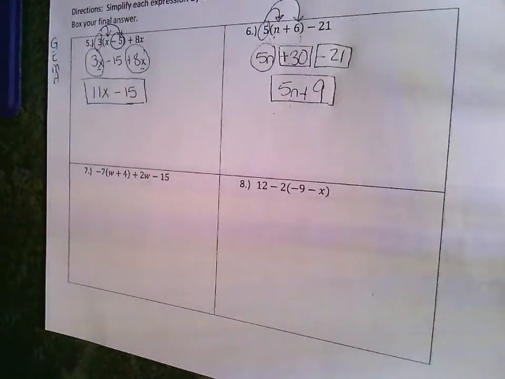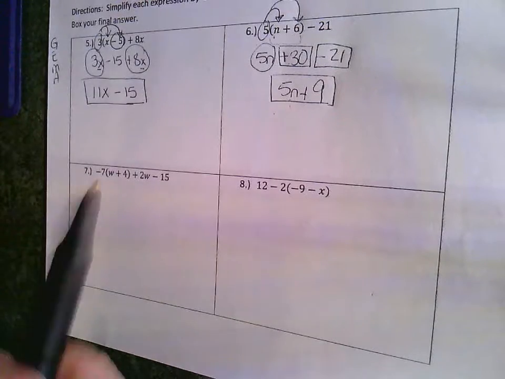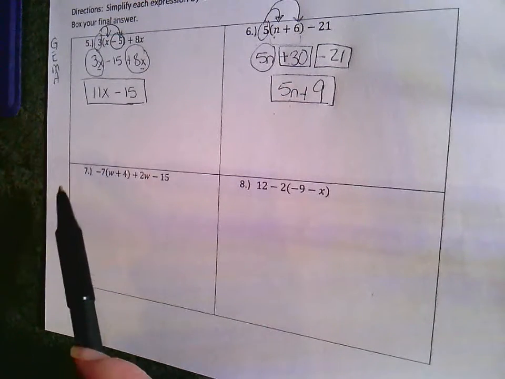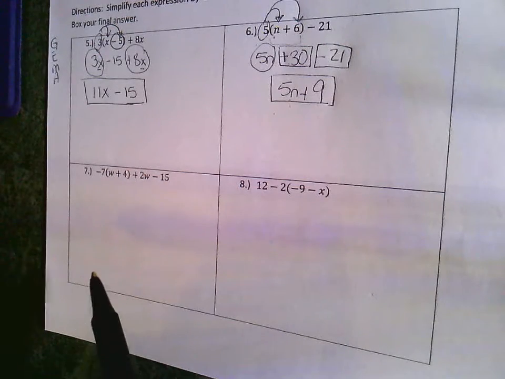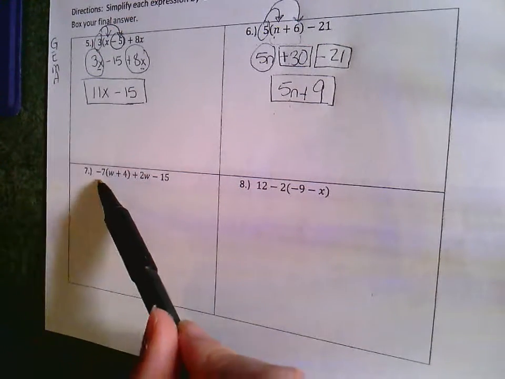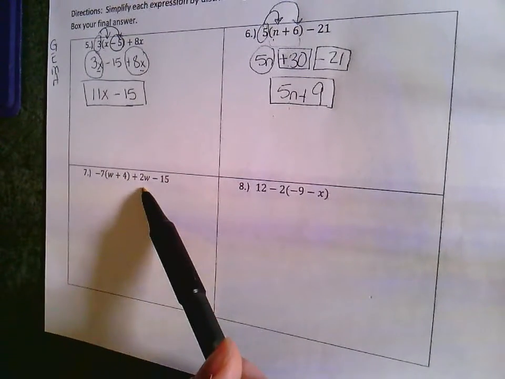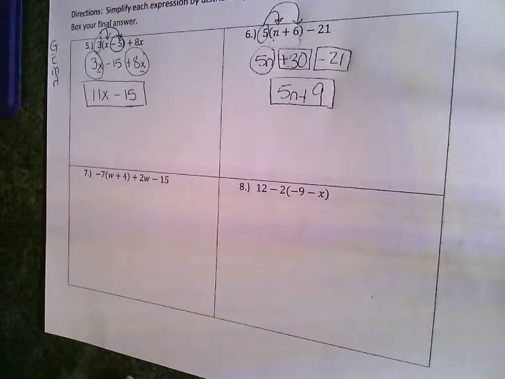Going forward, it says number 7. Maybe yours says 7. Yours might also say 3. It's the same thing. I see negative 7 times (w plus 4) plus 2w minus 15. What is my first step?